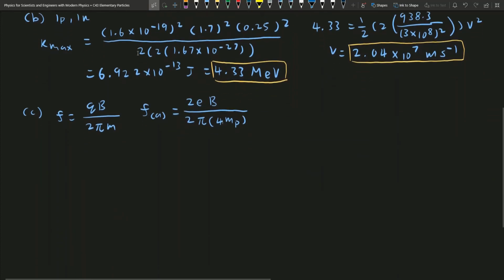You can see this simplifies to eB over 4 pi m_p.